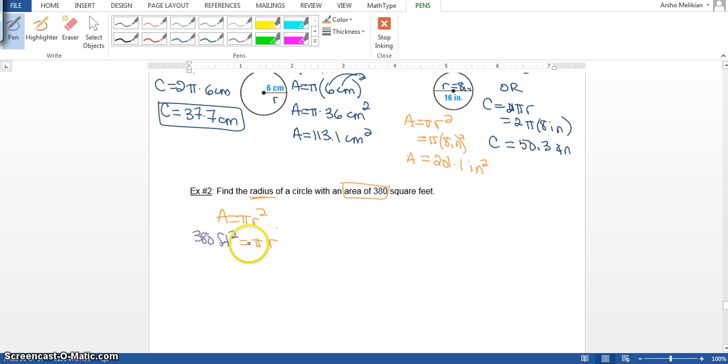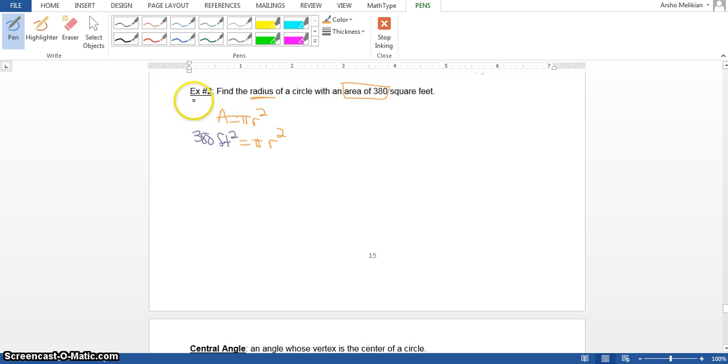pi times r squared. Now, if I want to solve for r, what do I do? We divide both sides by pi. So I have 380 over pi. Don't do it just yet. Feet squared. Now what do I do to get r?